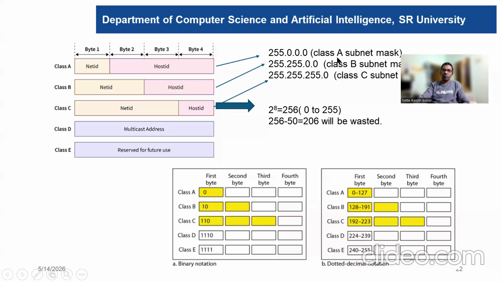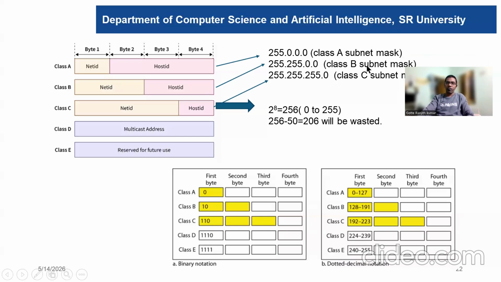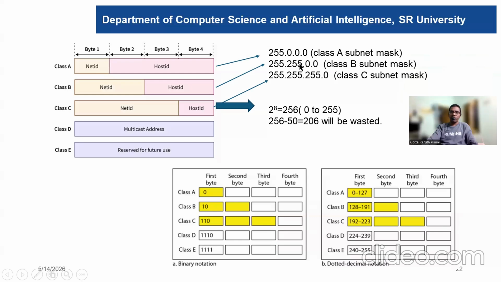That's why in the subnet mask, the first byte is written as 255, which is the maximum number, since in each byte the range is 0 to 255. The remaining 3 bytes are zeros. That means in the IP address, the first byte represents the network address and the remaining 3 bytes the host address.